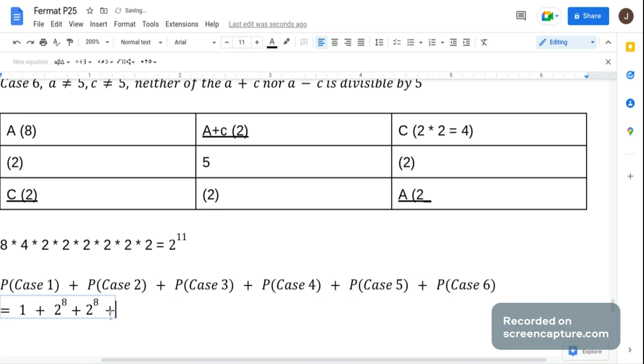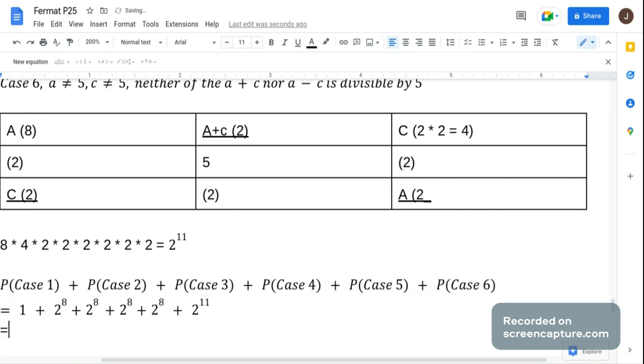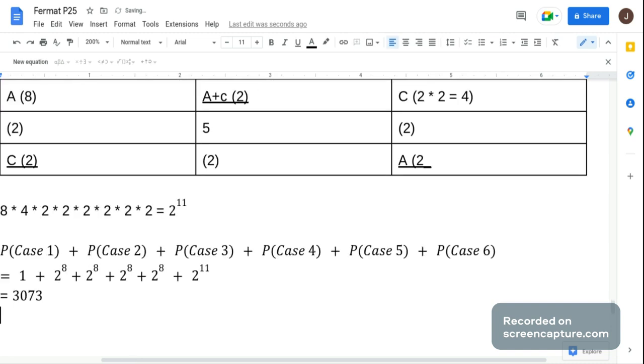So it adds up to 2 to the power of 8 times 4 plus 2 to the power of 11, which gives 3073 cases. So we know that the total number of cases is 3073.